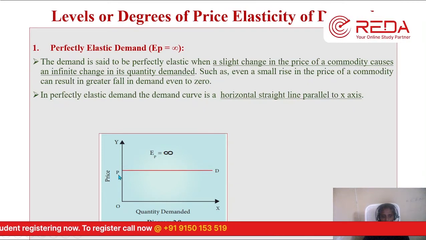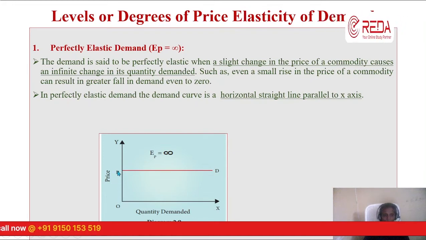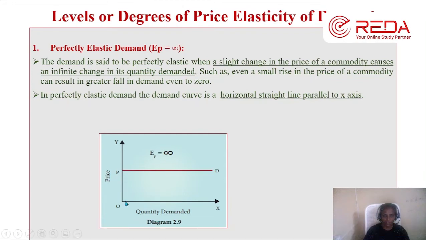Suppose the price level of gold is very high, from 0 to P. There are consumers who consume very little quantity, and there are consumers who consume more quantity though the price level is high. So the quantity demanded among consumers keeps on increasing, which we call perfectly elastic demand.